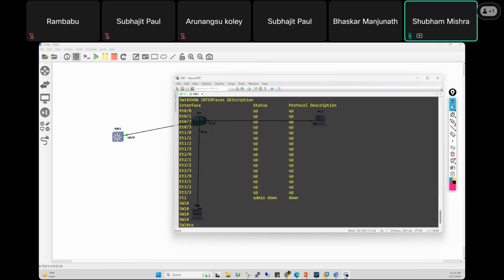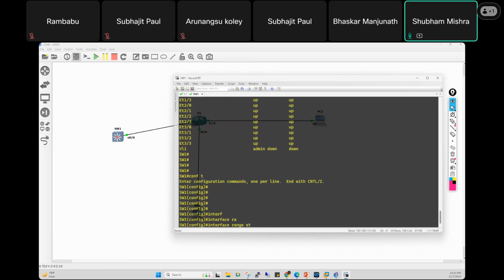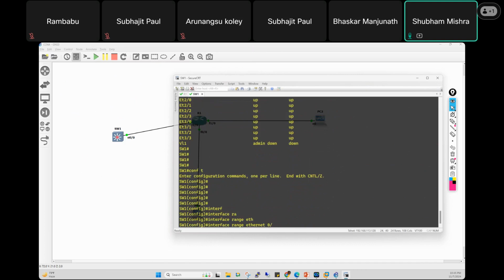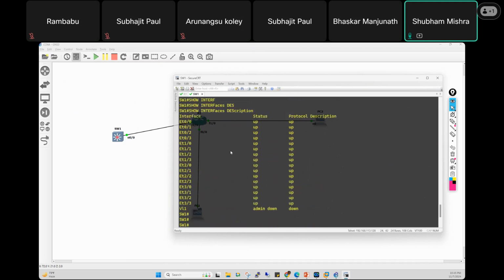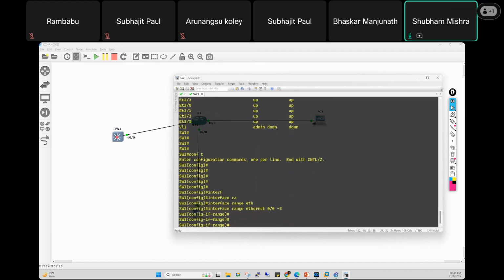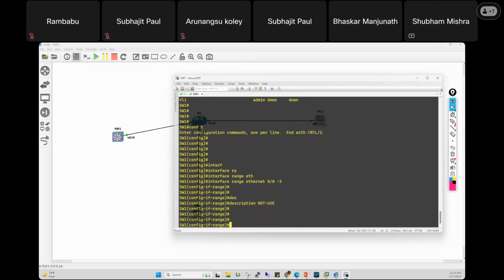For example, you are in the global configuration mode. I am writing interface range Ethernet. For example, here we have 0/0, then 0/0 to 0/1, 0/2, and 0/3. Right now, these are in the same slot. Yes or no? Here, this is a different slot. So the maximum you can write here is 0 to 3, so I'm writing /3. Getting my point? I'm writing description here.